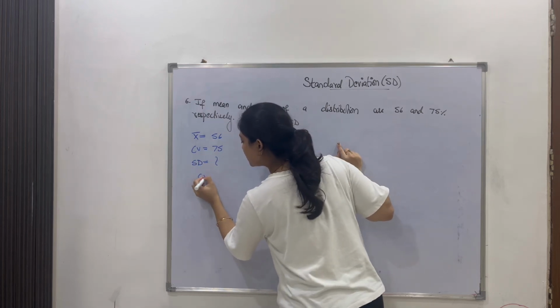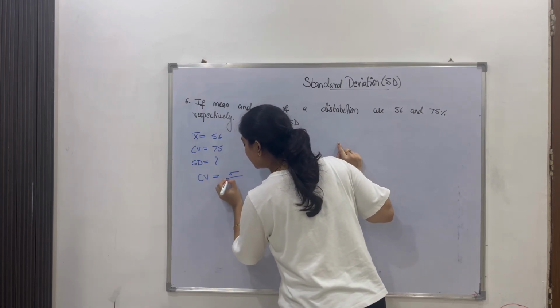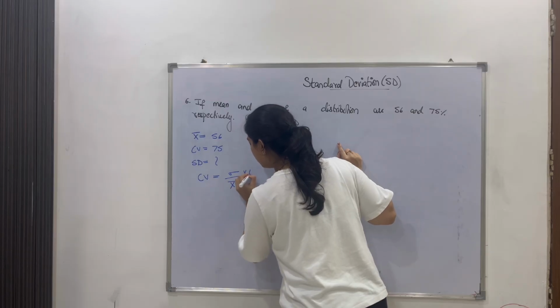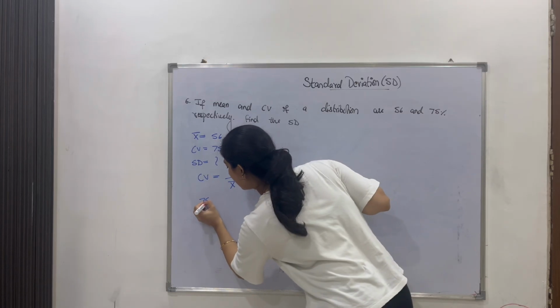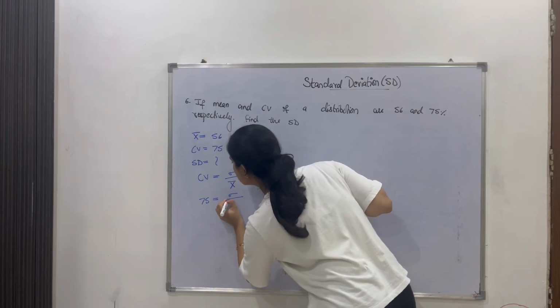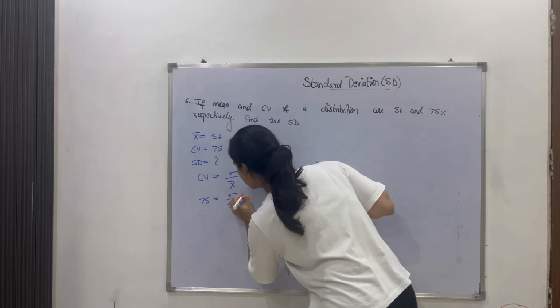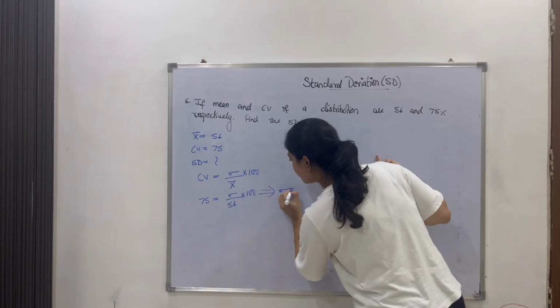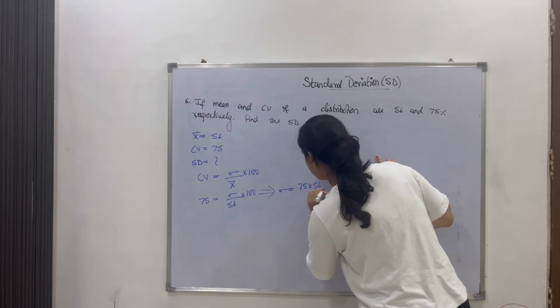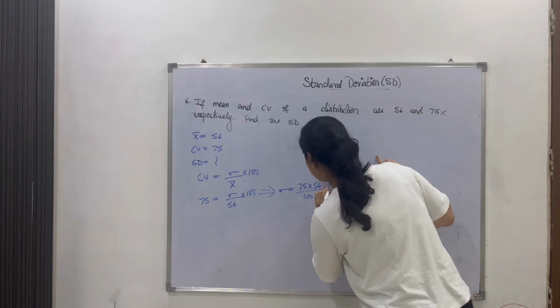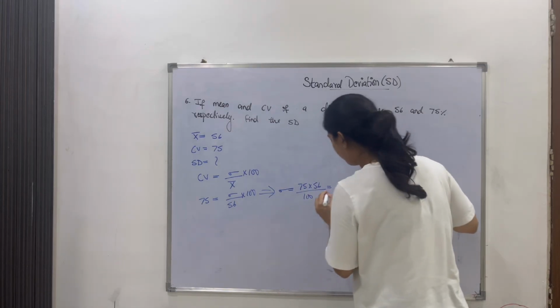So the formula for CV is standard deviation by mean into 100. So let's substitute that. CV is 75, standard deviation is not given to us, mean is 56 into 100, which is equal to 75 into 56 by 100, and the answer for this is 42.